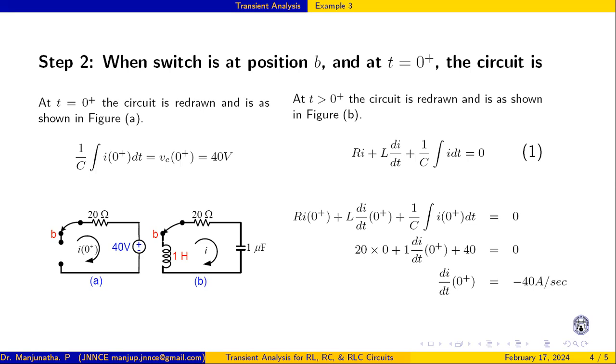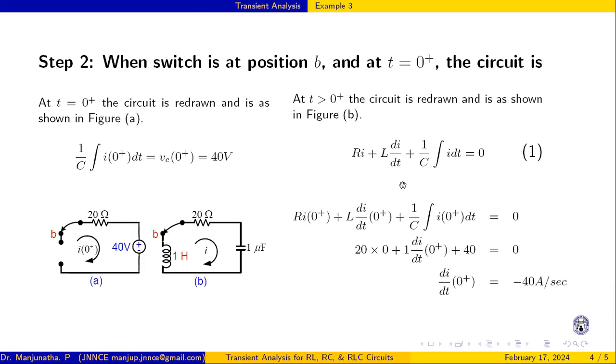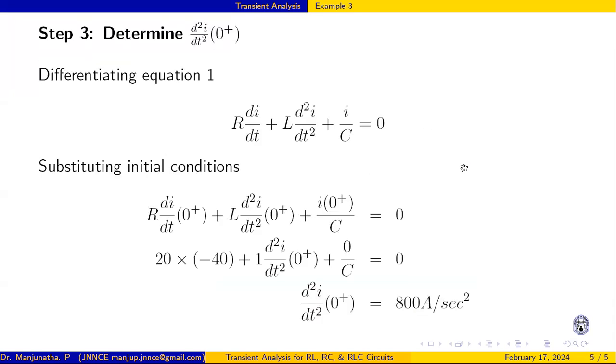Next is d square i/dt square. Take this equation again and differentiate one more time: R di/dt plus L d square i/dt square plus i by C equals 0. Substituting initial conditions, R di/dt of 0 plus plus L d square i/dt square of 0 plus plus i of 0 plus by C, where i of 0 plus is 0.